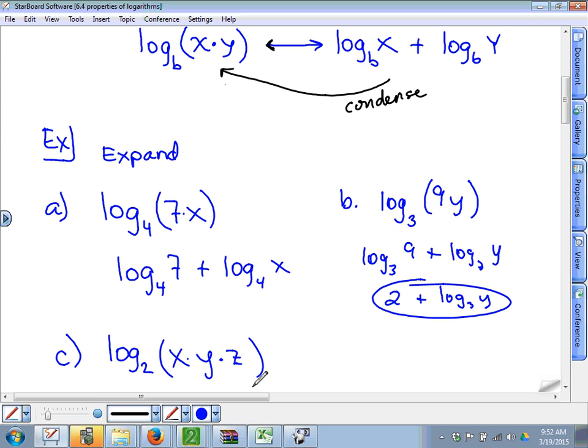It's x times y times z. Try it. See what you can come up with.